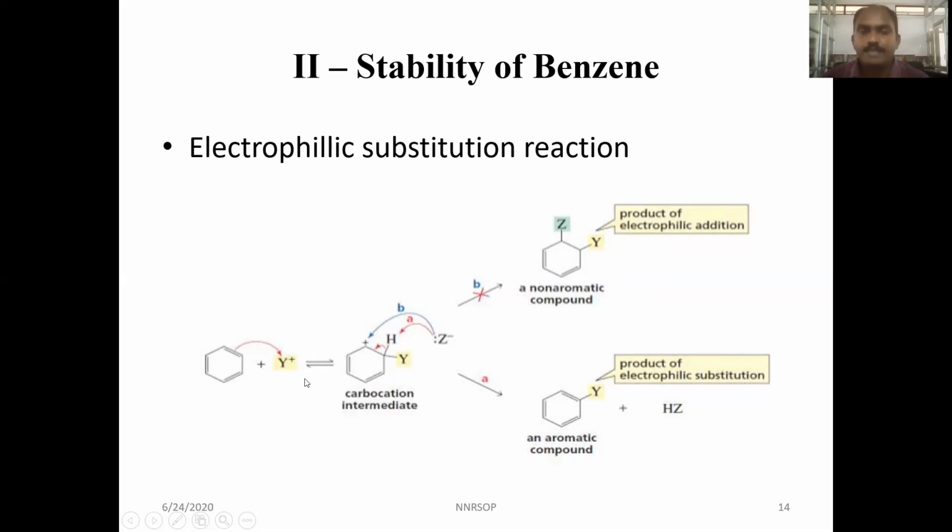When benzene undergoes addition reaction, the complete conjugation is disturbed, which is against the property that benzene is a more stable compound. So when benzene reacts with an electrophile, substitution of hydrogen with the electrophile takes place to give an aromatic compound. So benzene undergoes electrophilic substitution reaction rather than addition reaction.